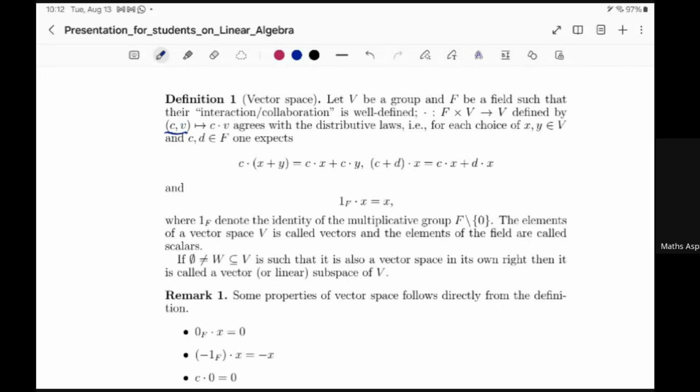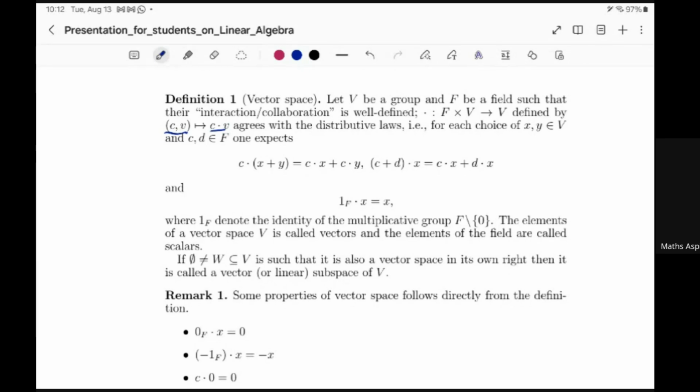So this is an element of F cross V, c being an element of F, and small v being an element of big V. And I will send it to something, c dot v, where the dot depends on how you define it.